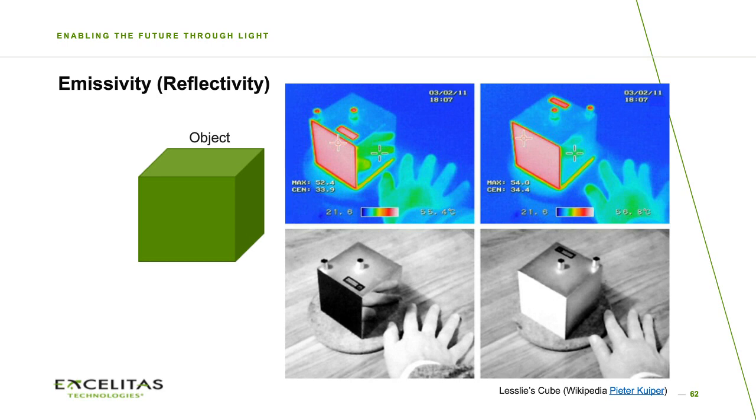Also, you can see that for the shiny surfaces as well as for the frosted one, the cube appears to be cold, although it is not. So if you want to measure an object temperature where the emissivity is not close to 100%, you might be in trouble if you have a very shiny object. If it is something in between, then of course you need to adjust the emissivity so you know how much is reflected in the cube.